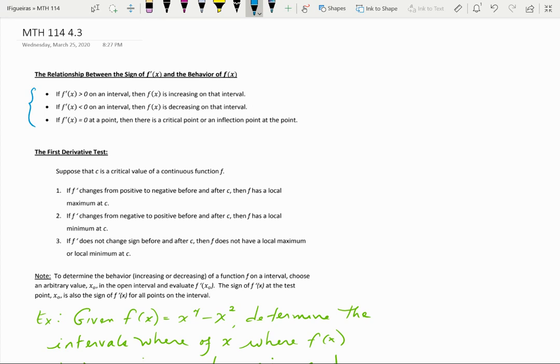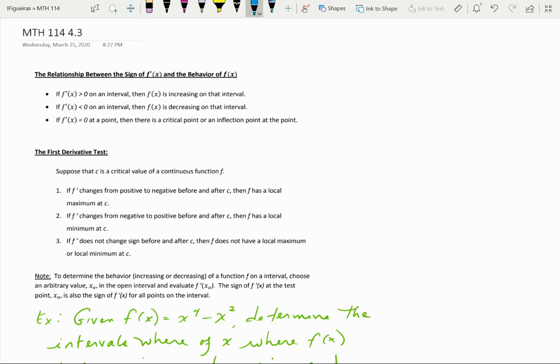And critical points could be maximum or minimum points on a graph, but they also could be inflection points, and we'll talk about that later. So we have something called the first derivative test. The first derivative test says that if c is a critical point on a function, and if your derivative changes from positive to negative before and after c, then f has a local maximum at c.